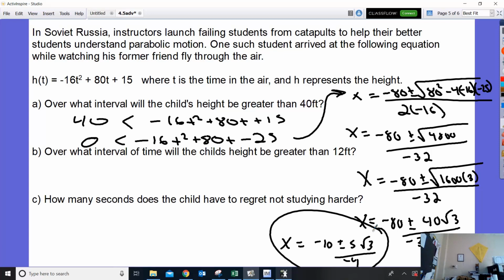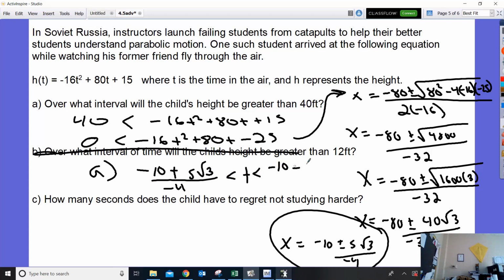The actual answer to A is that we're trapped between negative 10. Well, which one's a bit bigger here? Trapped between those two things.